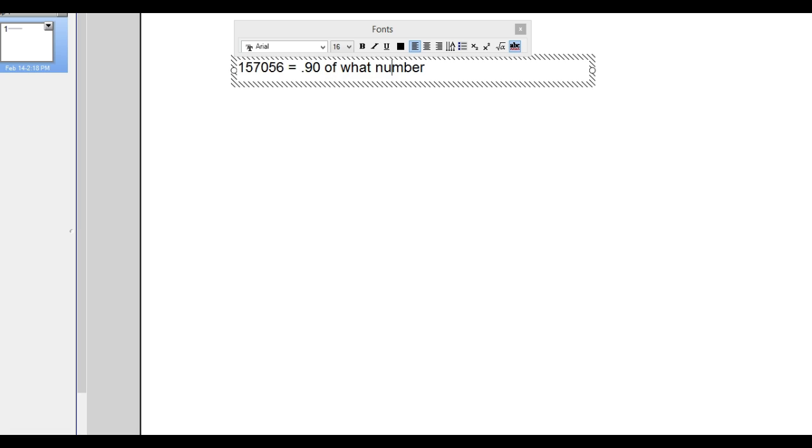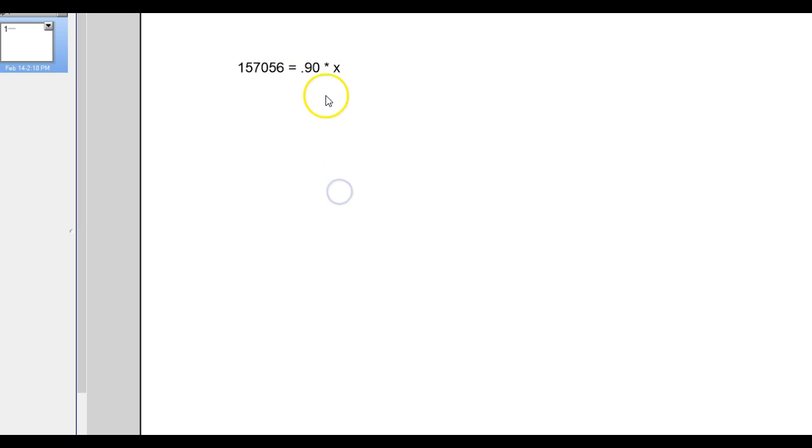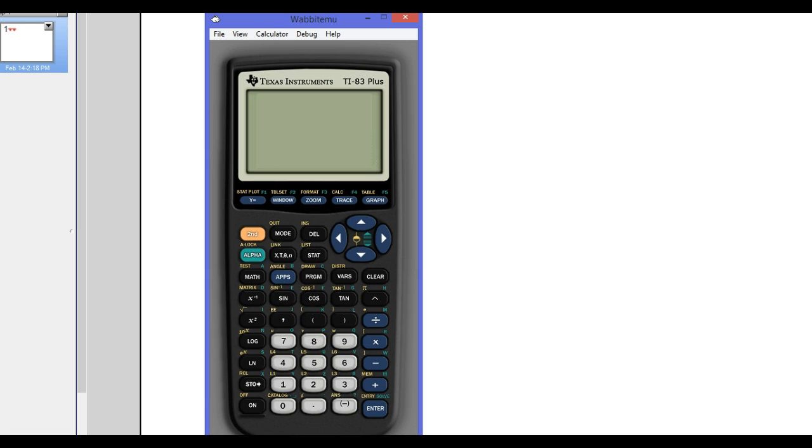And then of what number? We just replace that with x. Then of is multiplication. So 0.9x equals this number, and to solve it, you just end up dividing both sides by the 0.9.